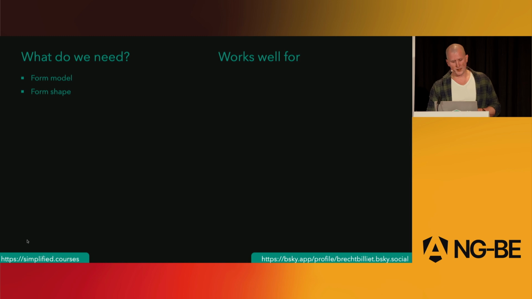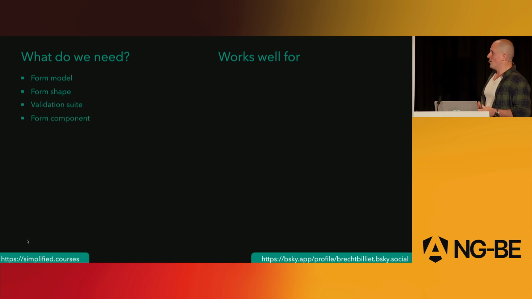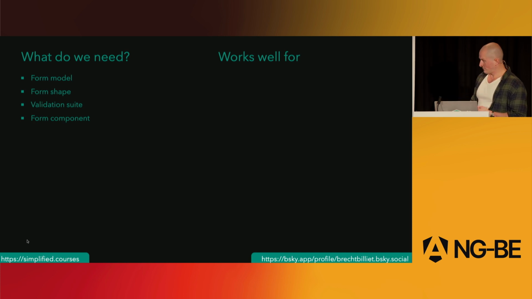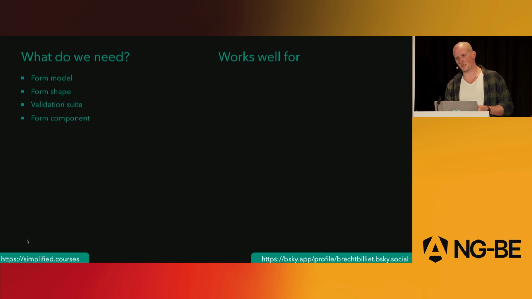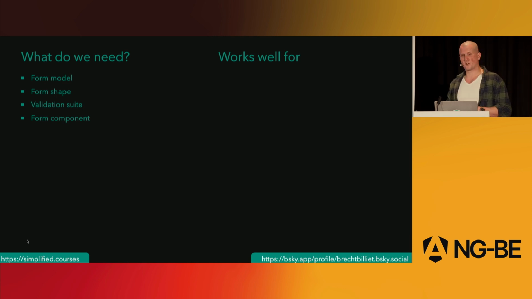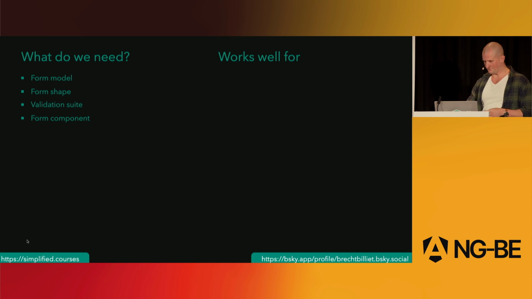So what do we need? A form model, a shape, a validation suite, and a form component. Now, I'm not going to dive too deeply into the form shape because we're on limited time, but basically, with template-driven forms, the name and the ng model group directives are not type safe. So I created this thing where you pass a form shape, and then it throws you errors at runtime when you make a typo.